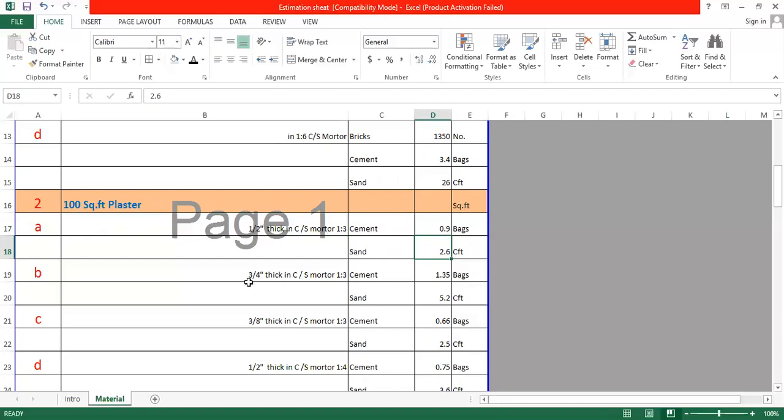If the thickness of the plaster is 3/4 inch and the cement sand ratio is 1:3, then the cement required will be 1.35 bags and the sand required will be 5.2. And if the thickness of the plaster is 3/8 inch and the ratio is 1:3, then the cement required will be 0.66 bags and the sand required will be 2.5.